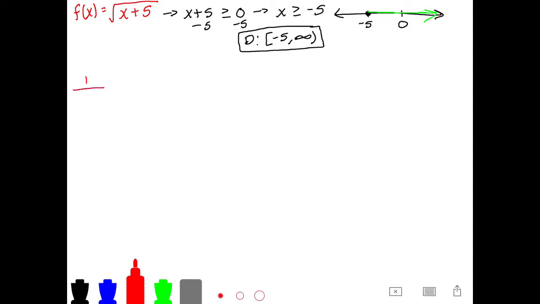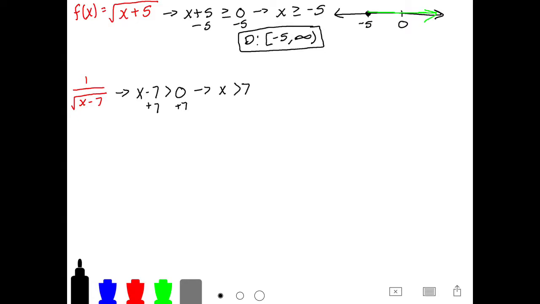So let's try another one. Next we have 1 over square root of x minus 7. We will set the radical greater than 0 because it is on the bottom. But if it were on the top, then it would be greater than or equal to 0. Now we will add 7 to both sides, indicating x is greater than 7.